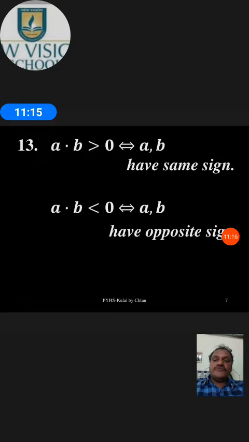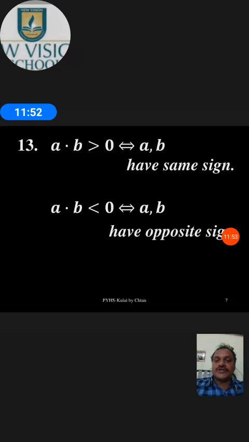Now, a very much important inequality, the 13th one: when A into B is greater than 0, that means positive, that implies A and B must have the same sign. That means A and B may both be positive, or A and B may both have negative sign. When A and B are both positive, A into B is positive. When A and B are negative, minus A into minus B, minus into minus is plus, so A into B is positive.